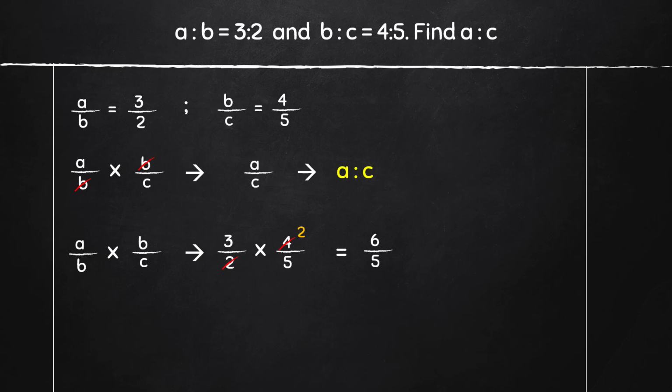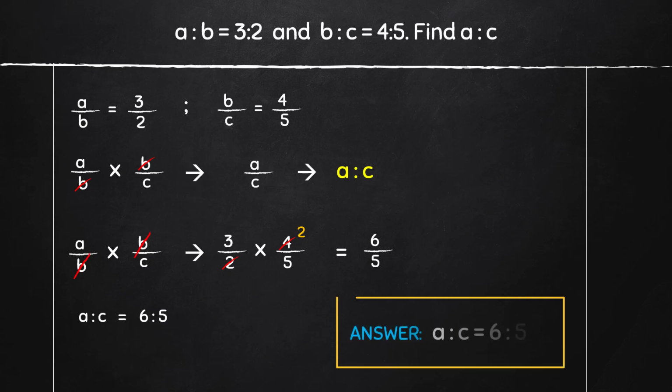We have cancelled B so that we get A by C. And now we have actually got the A by C value. So what is the ratio A is to C equal to? A is to C is equal to 6 is to 5. So my final answer step, A is to C is equal to 6 is to 5.